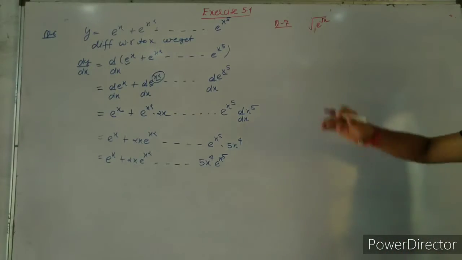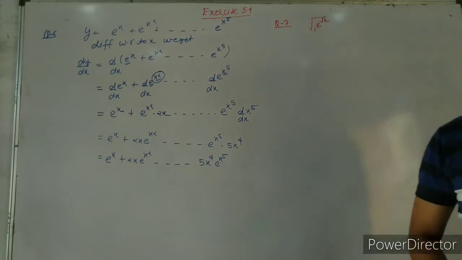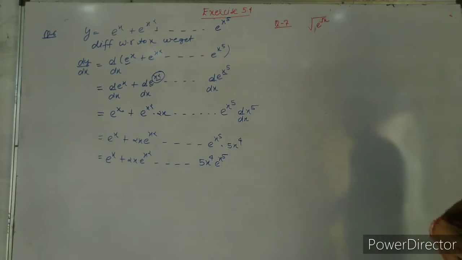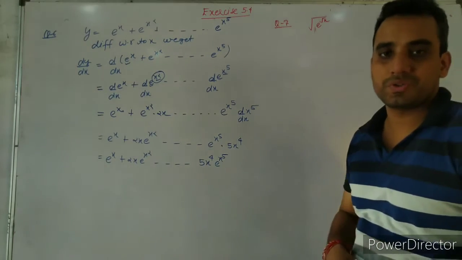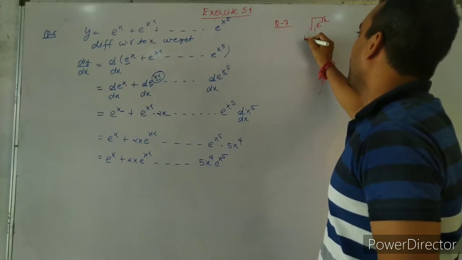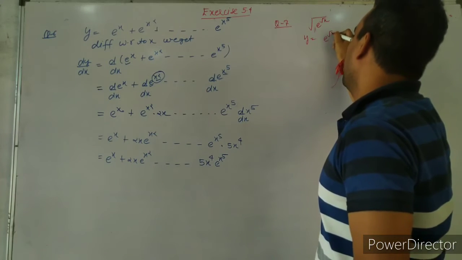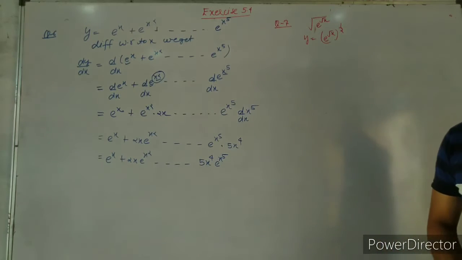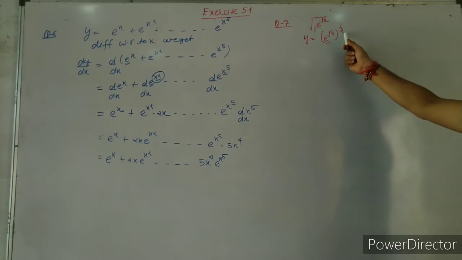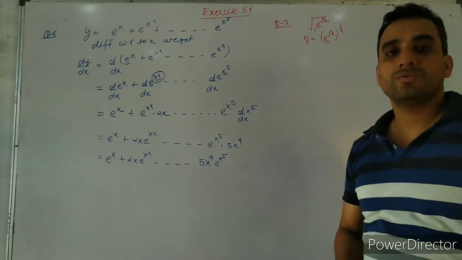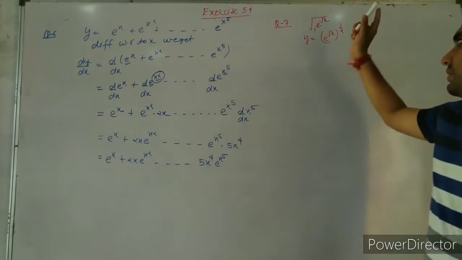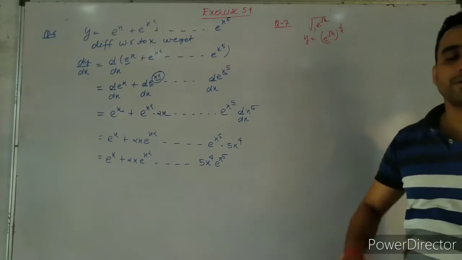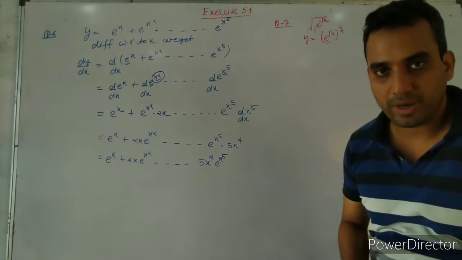First of all, we are having two square roots, so we will free our question from these square roots. So y equals e to the power under root x to the power 1 by 2. Getting my point? Because we all are aware that if we are having an under root, it means its power is 1 by 2.